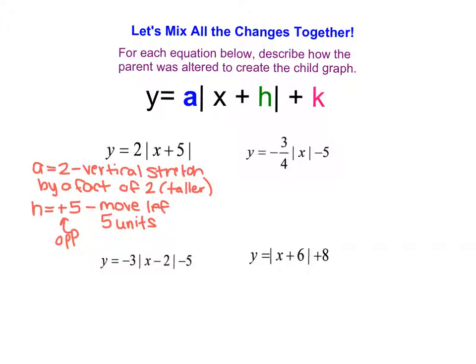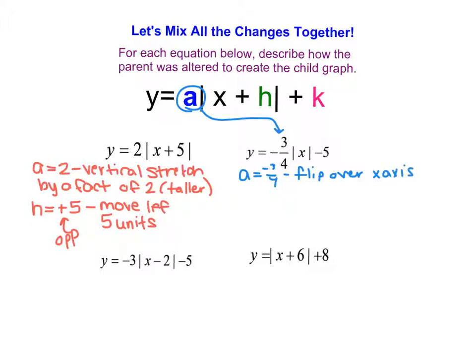Now if we move on to the second example, I have an A value out in front of negative 3/4. So A is equal to negative 3/4, and the negative piece tells me that this is going to flip over the x-axis, or it's a vertical flip.